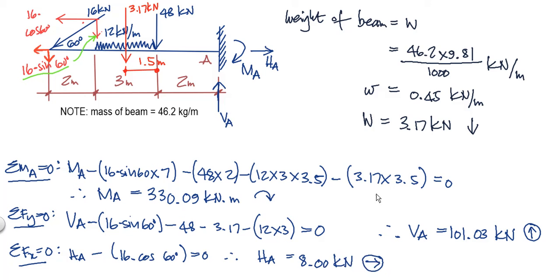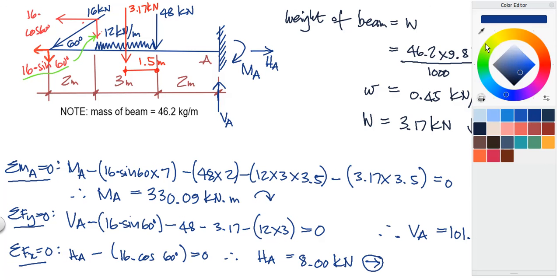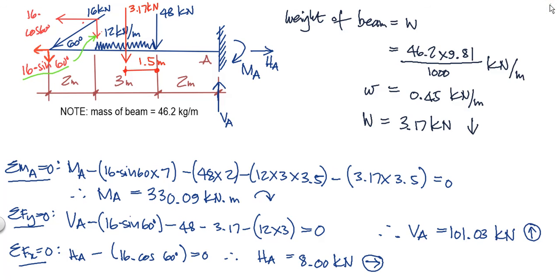People, let me just squeeze it in here somewhere. Let me just show you. Let's say you weren't sure, and I'm going to make HA going to the left like so. Let me assume that. Let's say I assumed HA going that way because I had loads of forces.